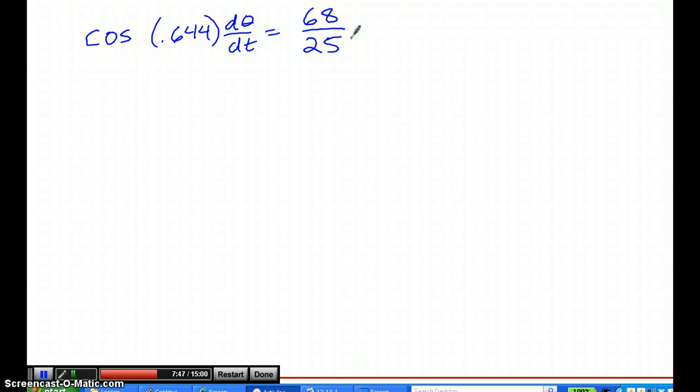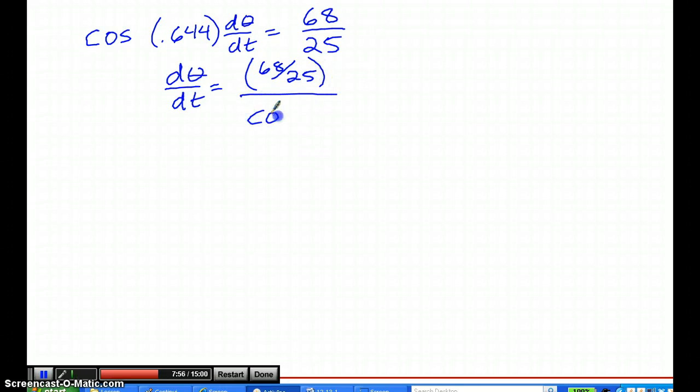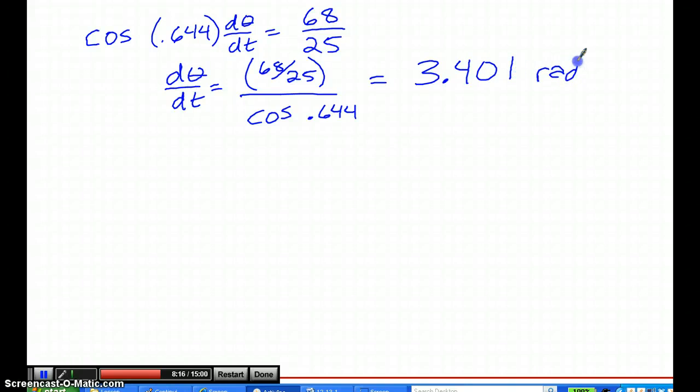And then a simple division, so d theta/dt is going to be 68/25 divided by the cosine of 0.644. Okay, so we work that out in the calculator. We find that this angle is increasing at a rate of 3.401 radians per hour.